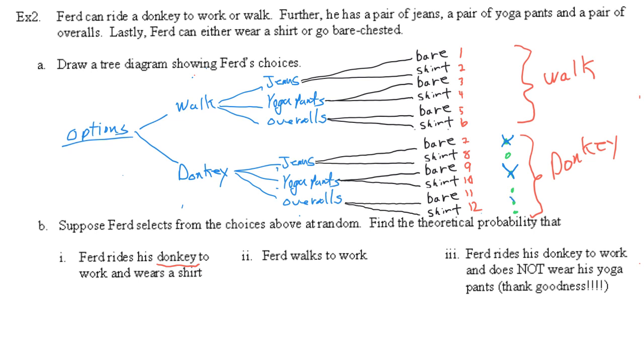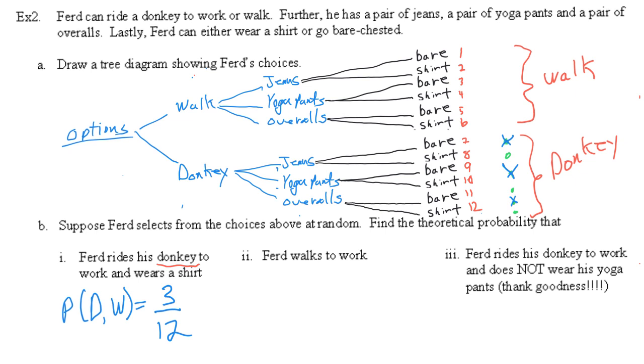And then this one is also gone. So now that tells us that the possibility for a donkey ride and wears a shirt is going to be 3 out of a total of 12 possibilities.